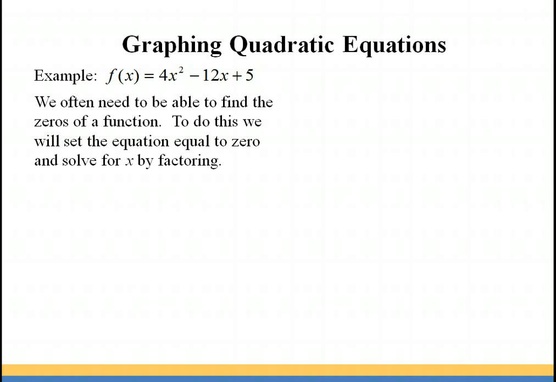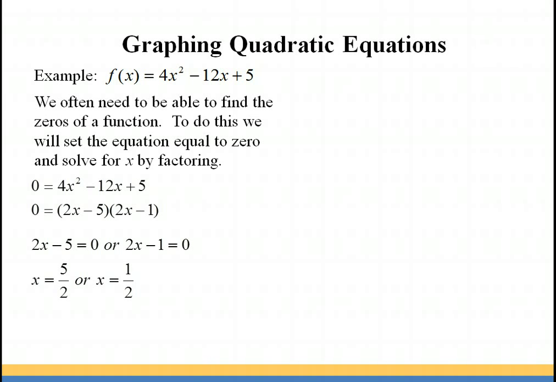We often also need to find the zeros of a function, or where we have x-intercepts. We can do this by setting the function equal to 0 and factoring. So I factored into 2x minus 5 times 2x minus 1. Then we're going to take each one of those factors and set them equal to 0.